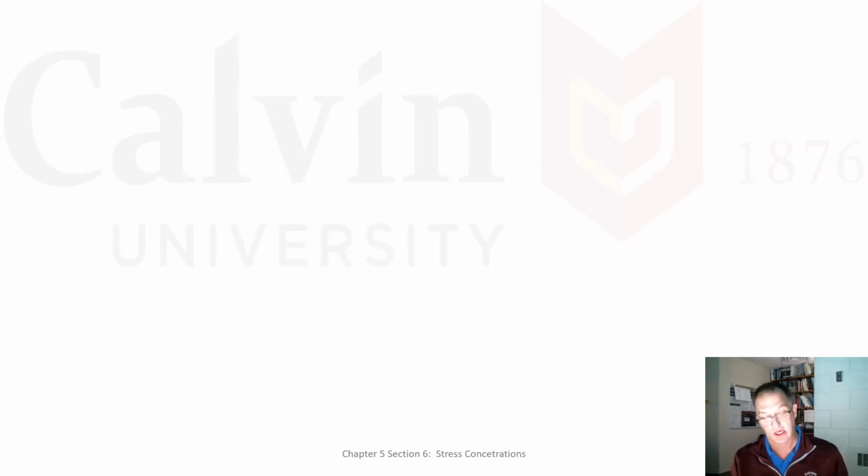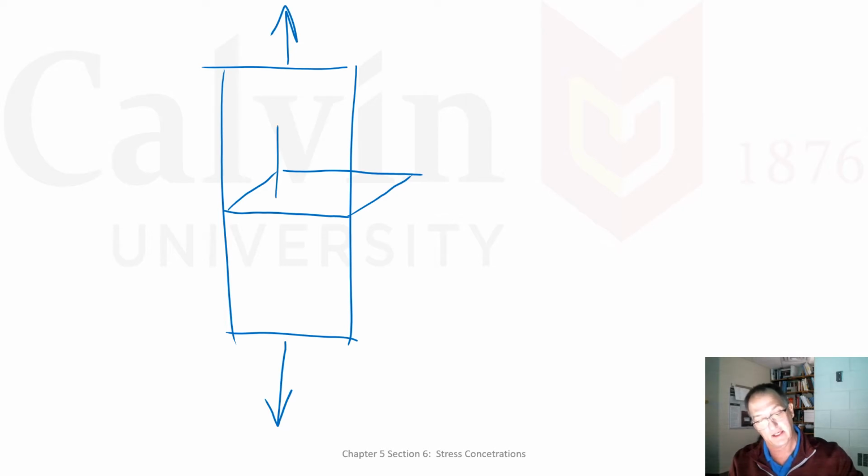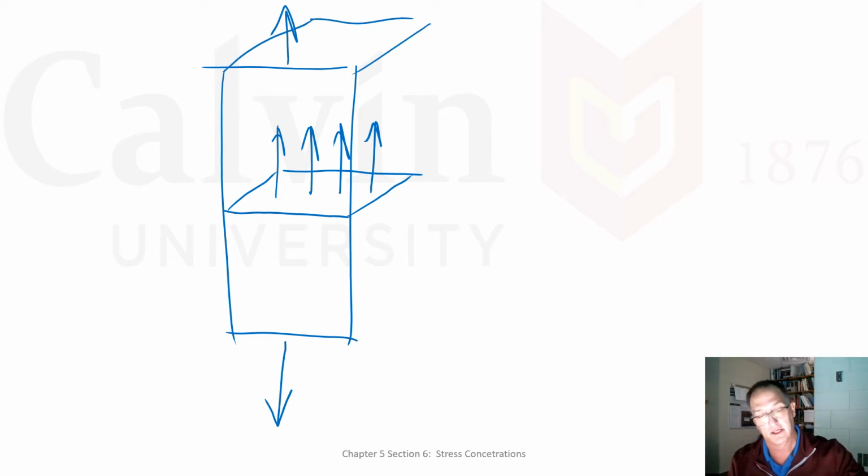Essentially what we're talking about is, and I got to start drawing pictures, if I have a bar that is straight and I pull on that, then what we've always talked about is an average stress distribution. So that if I cut it in the 3-dimension, I get a uniform stress distribution across that as that bar gets yanked.